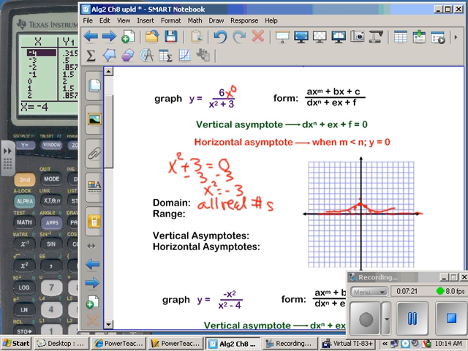It's between 0 and 2, because it's not going to get above 2 and it's not going to get below 0. So y has to be less than or equal to 2, because it can actually be 2, and then it has to be greater than 0. So that range is a little bit tricky. And there are no vertical asymptotes, and the horizontal asymptote is y equals 0.